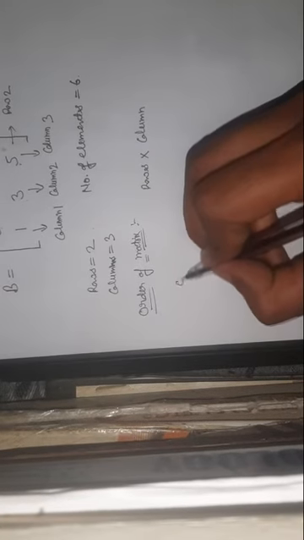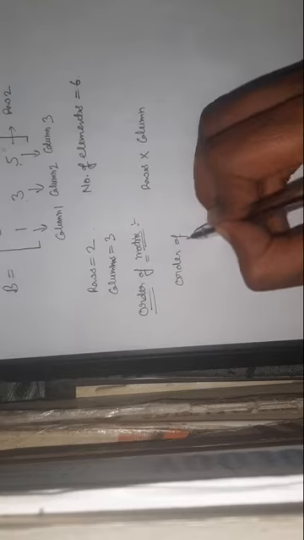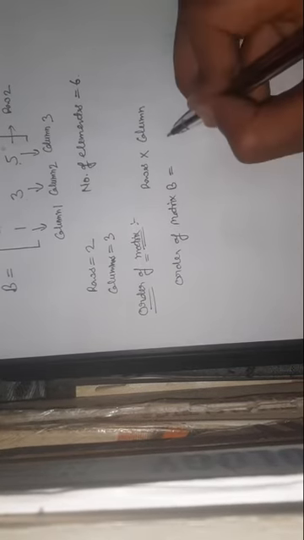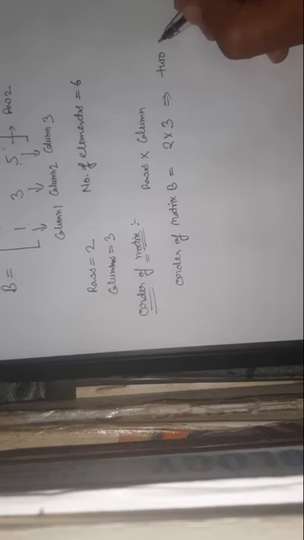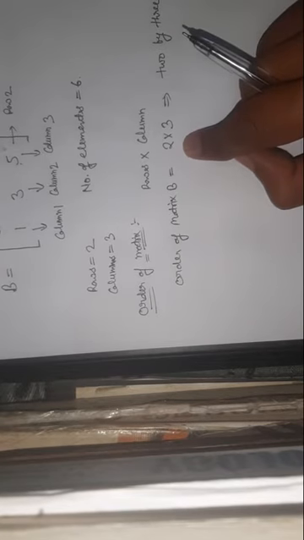Then we can see that the order of matrix B is 2 by 3. It is not multiplication. It is read as 2 by 3. First we write the rows and then we write the columns. Clear?